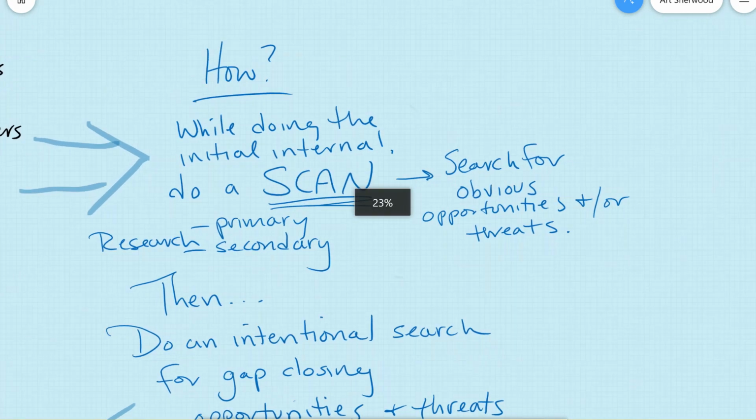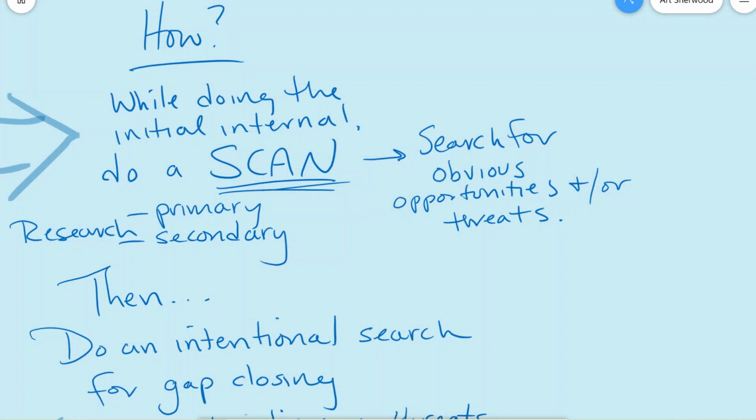Well, what you do is, while you're doing your initial internal analysis, you want to do a scan of all of these. So part of your team wants to be looking at what's going on in the external environment. And in fact, one of the skills that strategic leaders have is the ability to continuously scan the environment for things that might be raising flags as potential opportunities and threats.